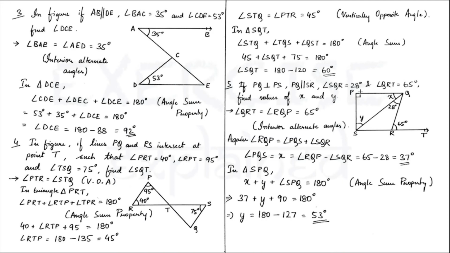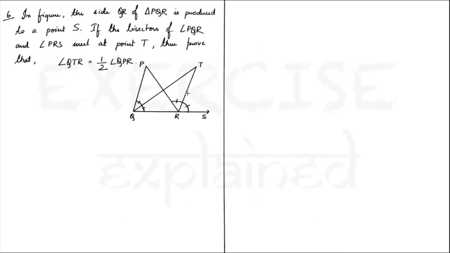I just told you why that is. So that equals 180 degrees. If I add 37 to 90, I get 127. I take 127 to the other side, we get Y is equal to 180 minus 127, that gives us 53 degrees. So we have got the value of X, that is 37 degrees over here, and Y, that is 53 degrees over here. So let's get into the next question, a very important question.